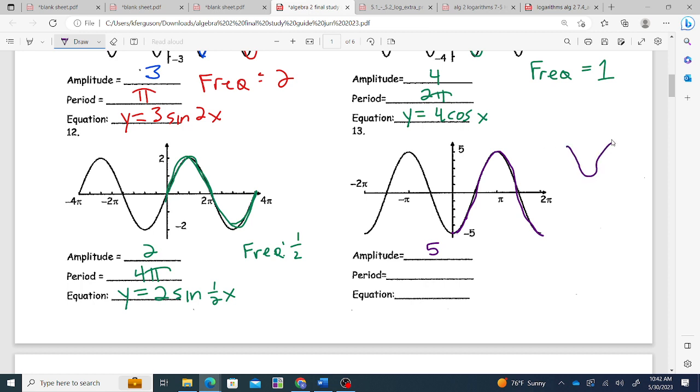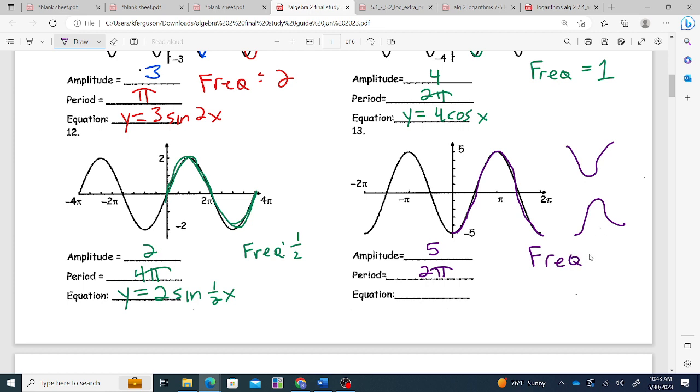That's how a regular cosine graph looks. A reflection looks like that, and that's what we got. But still, it started low, hit high, and ended low. That's one whole cycle or one whole wavelength from 0 to 2 pi. So my period is still 2 pi.